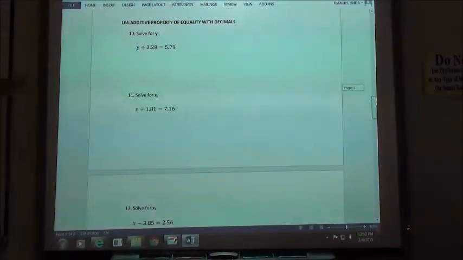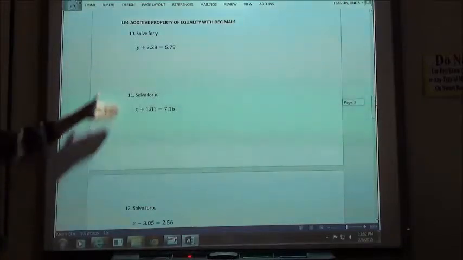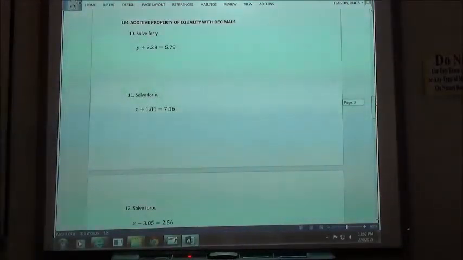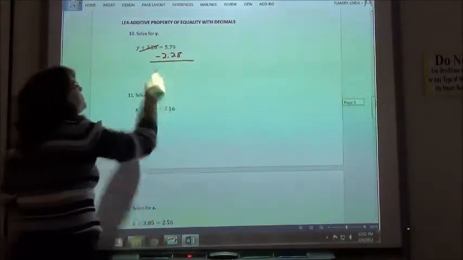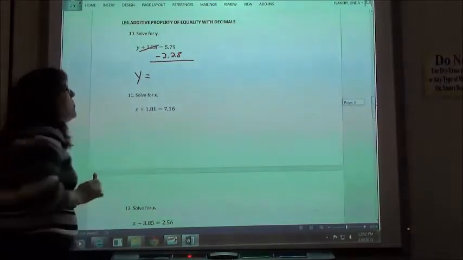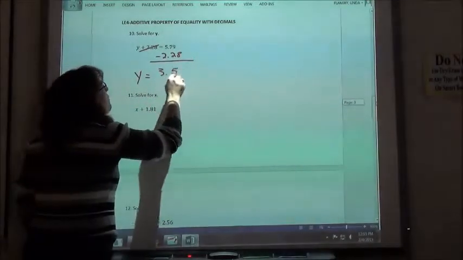So now they throw in the decimals. I'm still doing that same property I had before. I want to get the y by itself, so what am I going to do? Minus the 2.28, right? 5.79 minus 2.28 gives me 3.51.